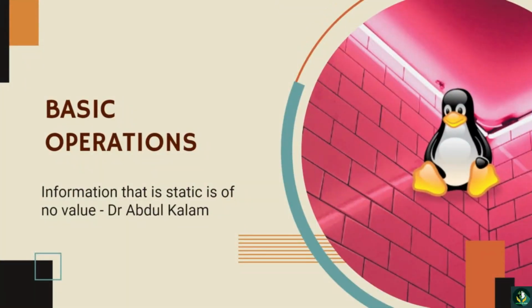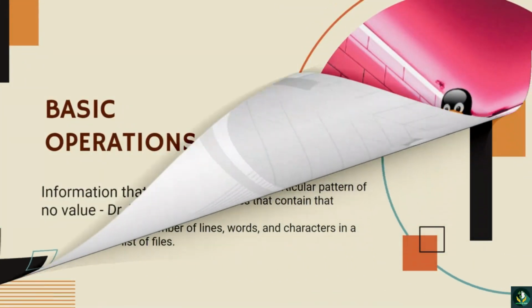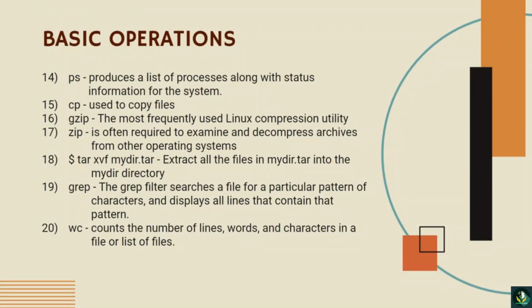Welcome back. In this section we are going to continue with our basic operations. The command which we are going to look into in this lecture is tar. Whenever we download Hadoop or Hive from the official website, we will find that the files will be in tar format. So to unzip those files into a particular directory, we will use tar xvf mydirectory.tar.